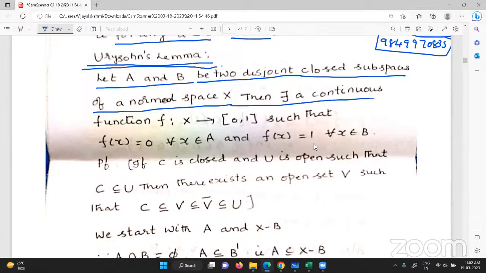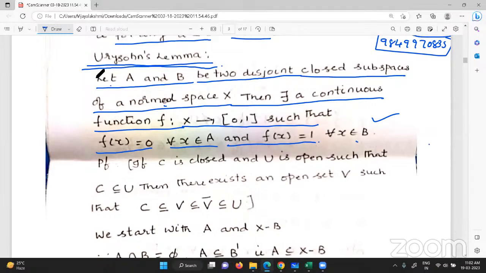Then there exists a continuous function f from X to [0, 1] such that f(x) is 0 for x in A and f(x) equals 1 for x in B. Indirectly, we want to make the space into a completely regular space.